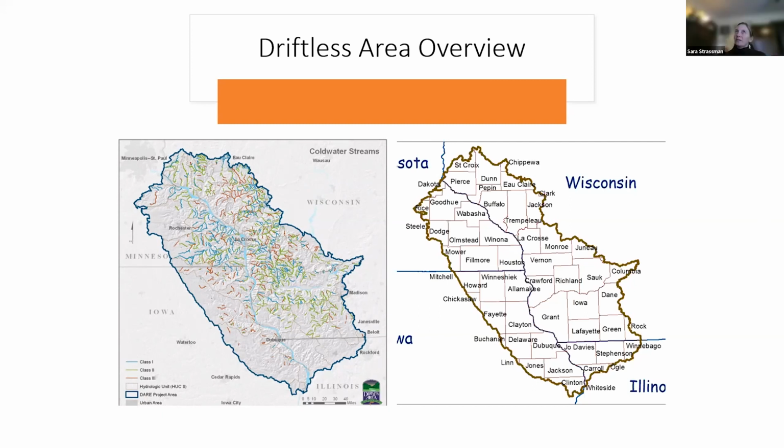DNR does do the bulk of acquisitions across the Driftless. In Iowa, Minnesota, and Wisconsin, the DNRs are really the lead body that would be holding access easements, although there are places, for instance Trempealeau County in Wisconsin, where local rod and gun clubs hold a fair number of easements.